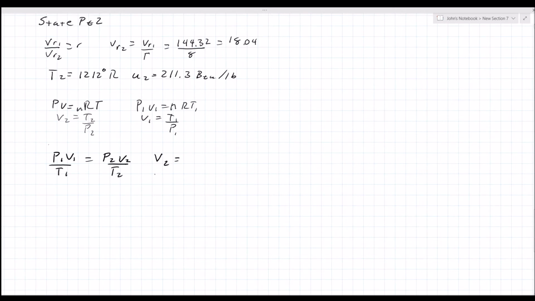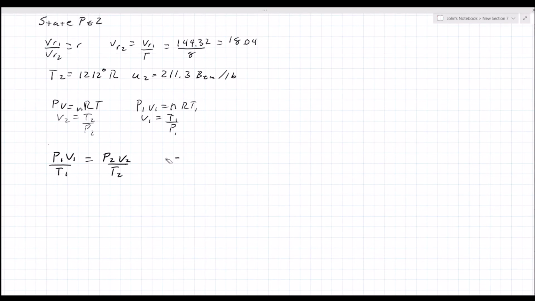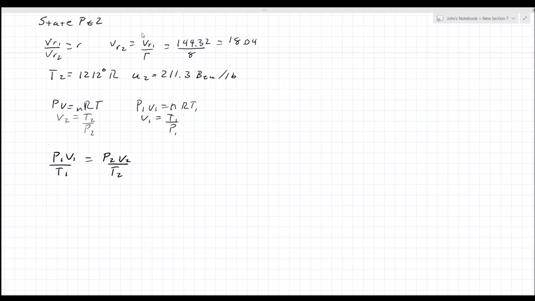Wait. No, I'm not solving for V2. I'm trying to solve for P2. That's my bad. P2 is equal to P1 V1 T2 over T1 V2. Well, what's V1 over V2? Well, that's the compression ratio.